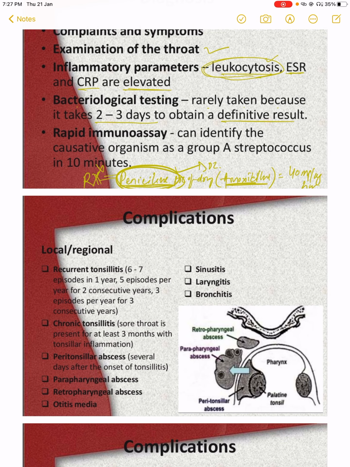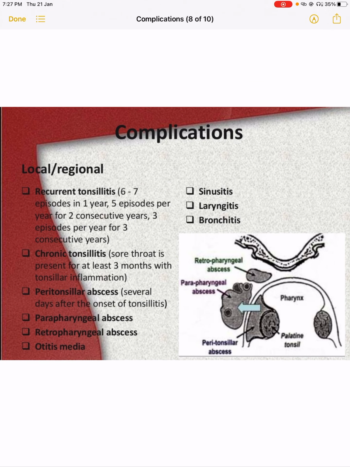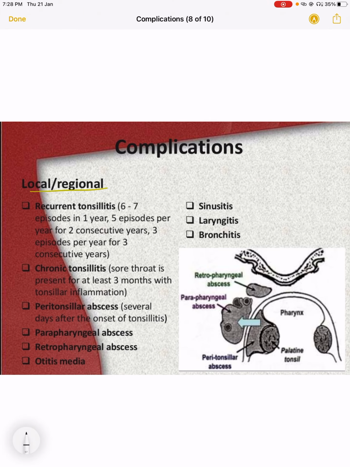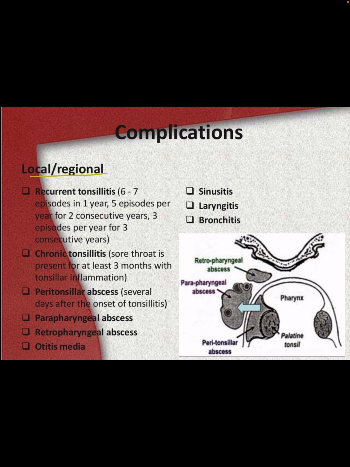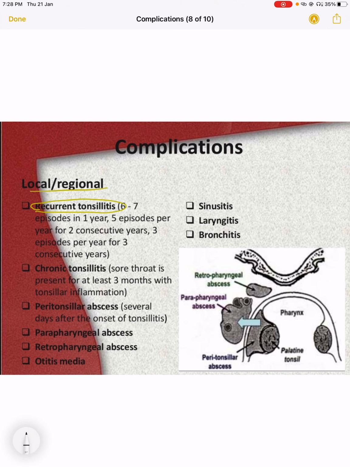Then we'll see what the complications are. There are two types of complications in case of acute tonsillitis. One is local or regional complication and another is systemic complication. In local complications, I am just reading these out. These are not many.